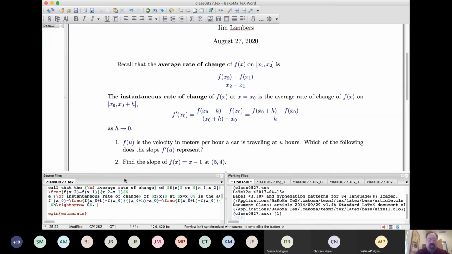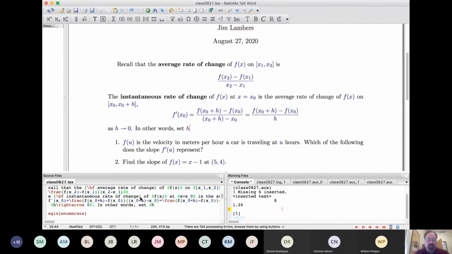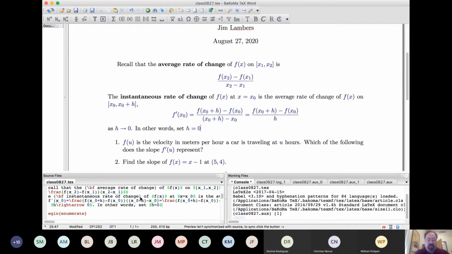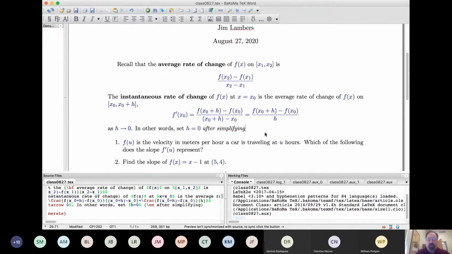Now if I were to give a formal definition of what it means to let h go to 0, that would be mathematically rigorous, but I can also tell you that it would give you no illumination whatsoever as to what this actually means. So I'm not going to do that, but I'll give an informal explanation. We can't set h equal to 0 immediately. We can do it after simplifying whatever expression this is.